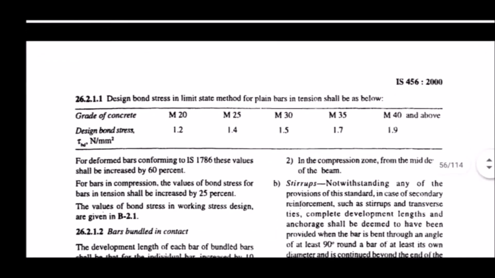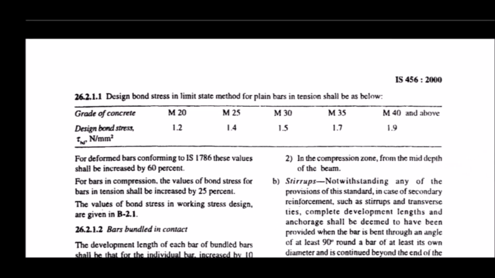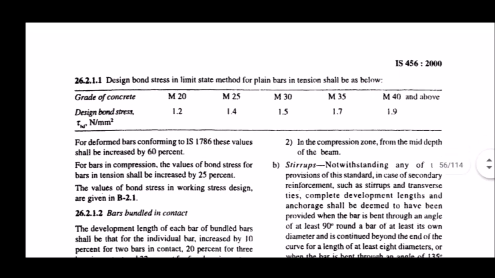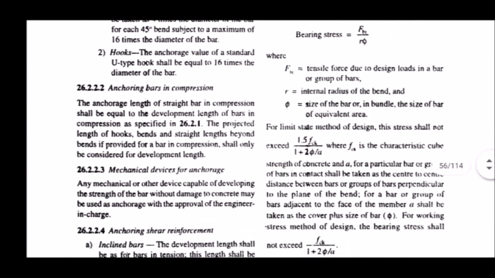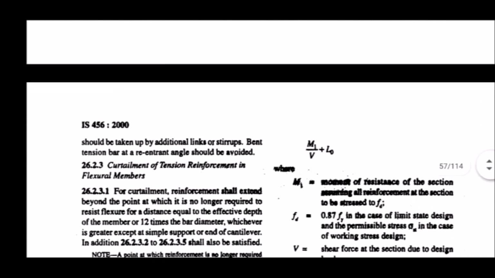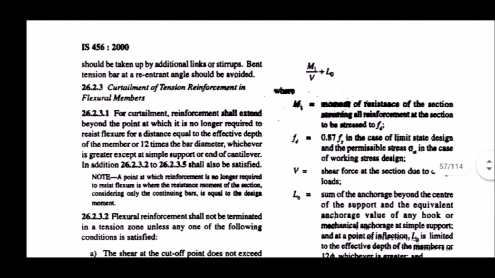The value of tau bd for M25 concrete is 1.4 as per this clause, and the final condition for development length is M1 by V, V means Vu, plus L0, that should be greater than Ld.